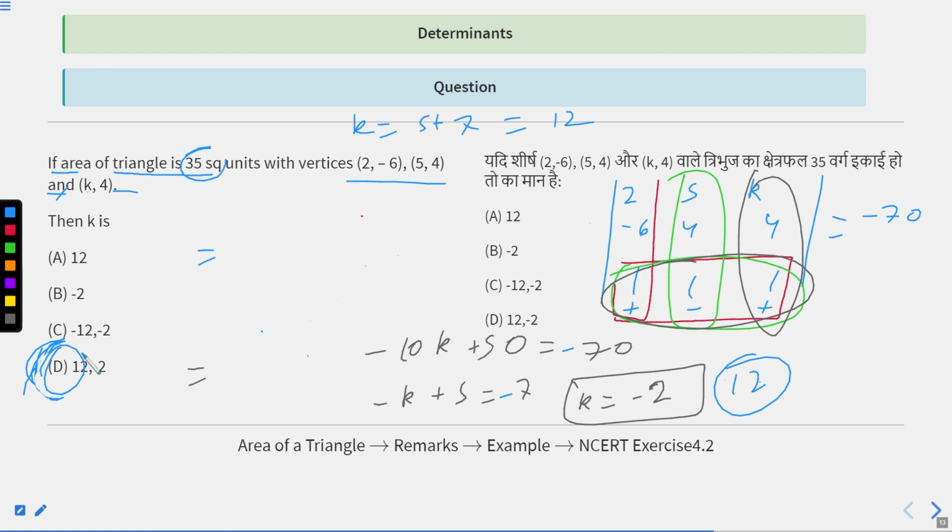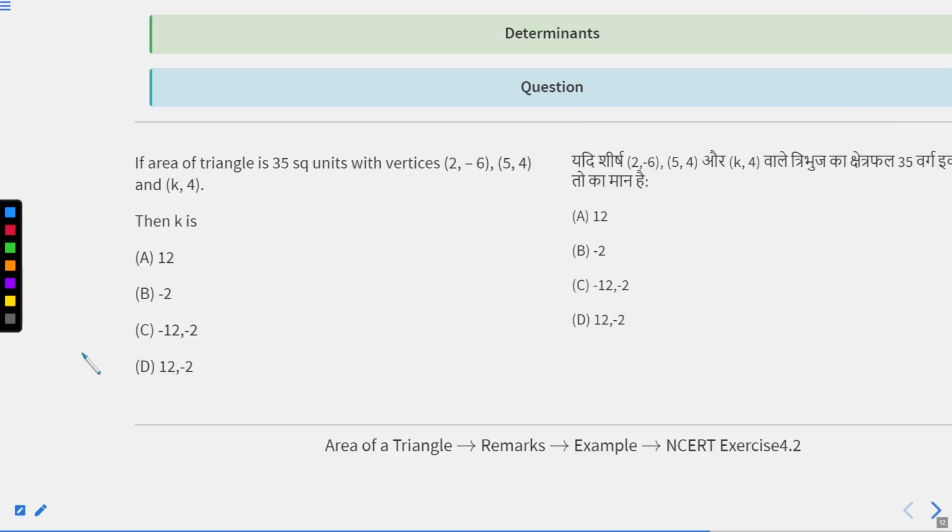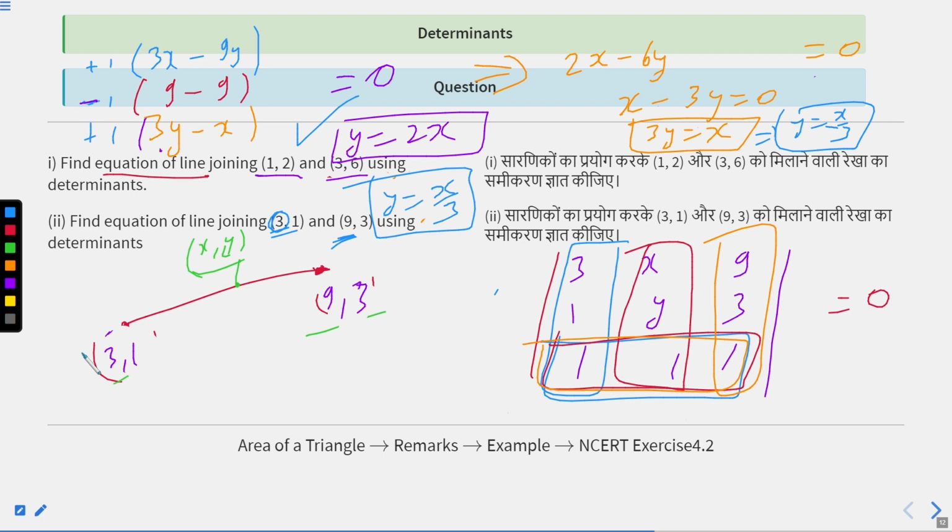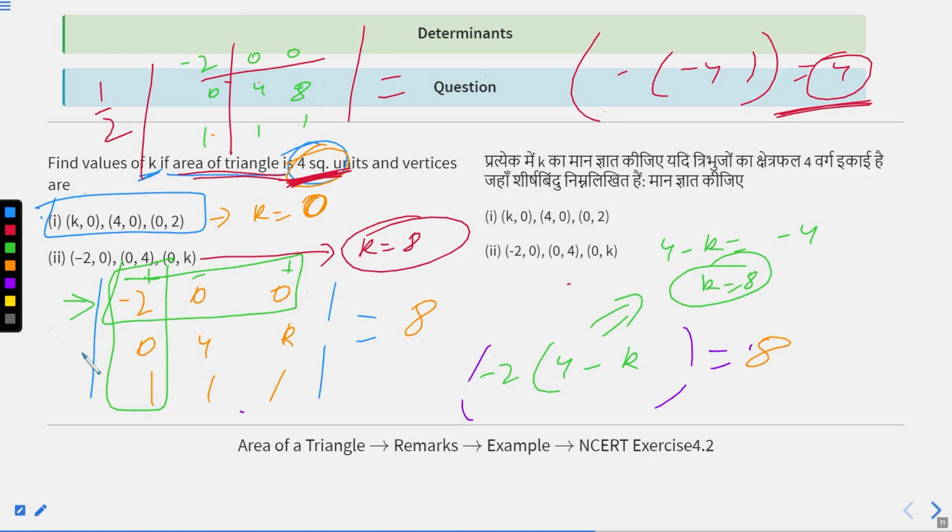Sorry for that, I somehow neglected that thing. In the previous question also, do that if it is given. In this case also you have to think in two ways: one is taking plus 4, another is taking minus 4.